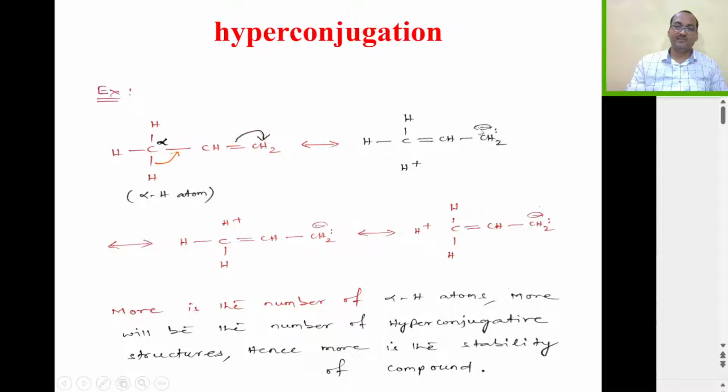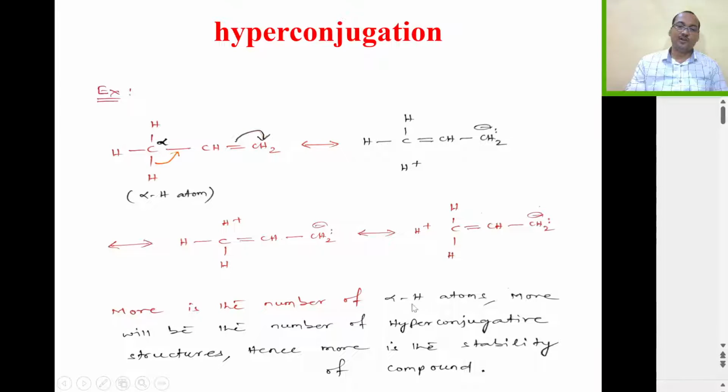As a result, you generate a carbanion here, and the loss of this hydrogen gives rise to H plus. Similarly, this hydrogen also does the same thing, and you generate the structure here again. This hydrogen loss can give rise to this structure. This polarization effect is called hyperconjugation.